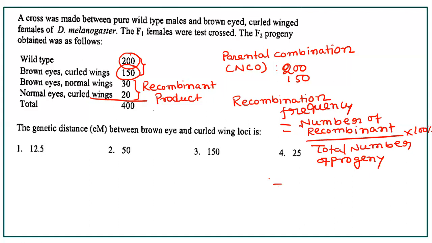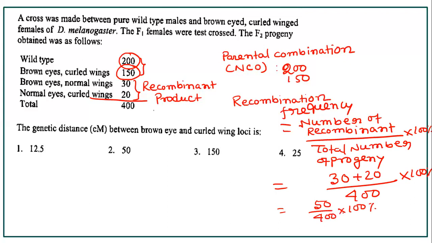So here the recombinant product is 30 plus 20, and the total number of progeny is 400. So 50 by 400 into 100% gives 12.5%, or 12.5 centimorgan, or 12.5 map unit.